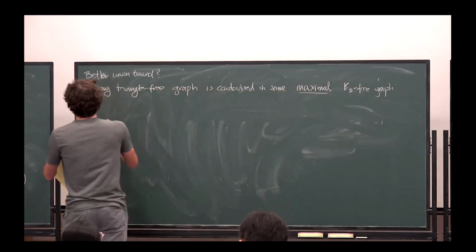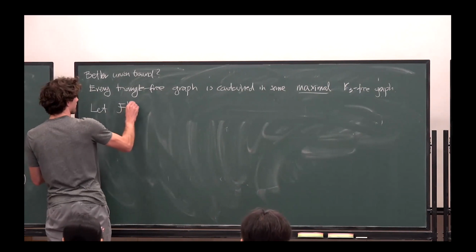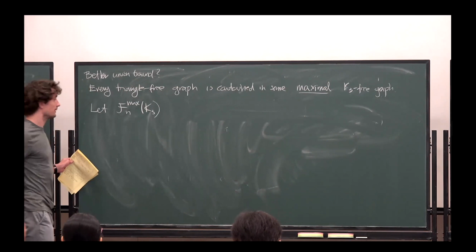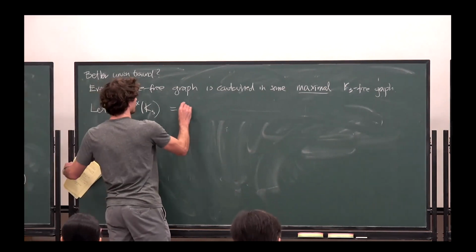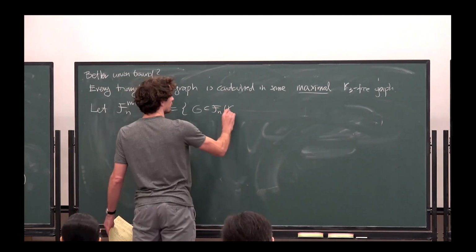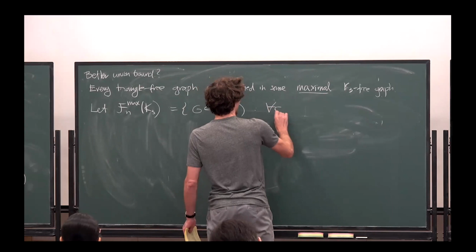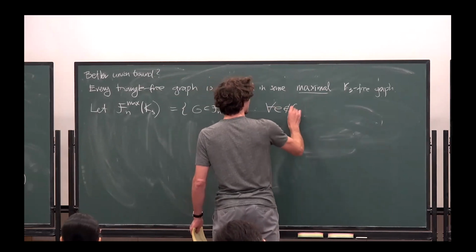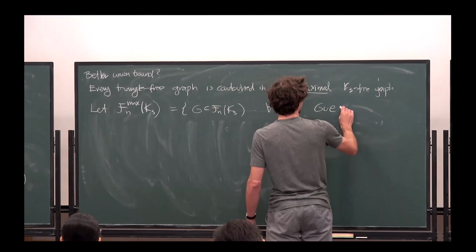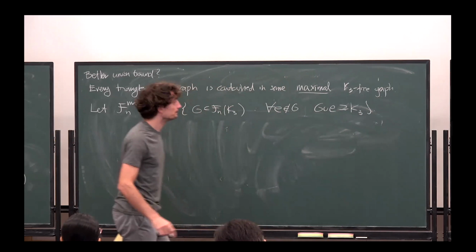So let's define this notation. So this will be all the graphs which are triangle-free, such that when you take any edge which is not in G and add it to G, then this already contains a triangle.